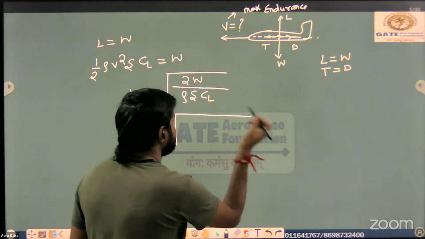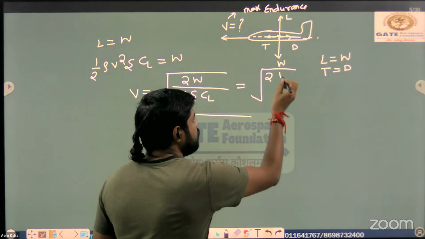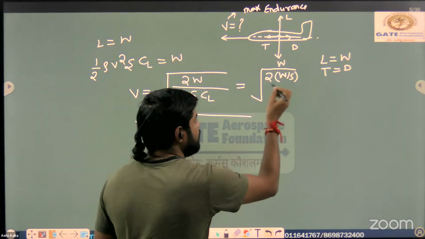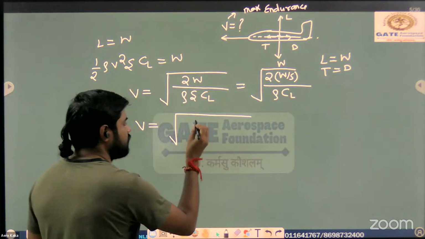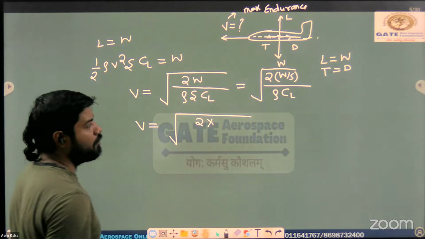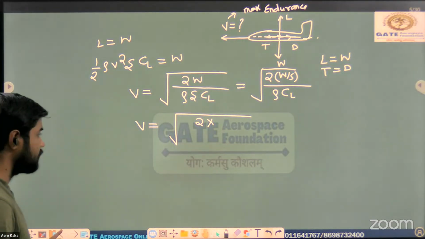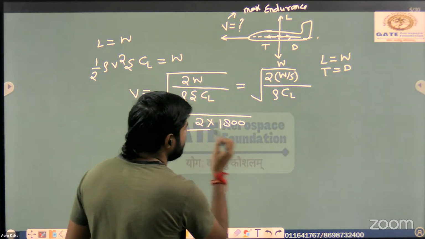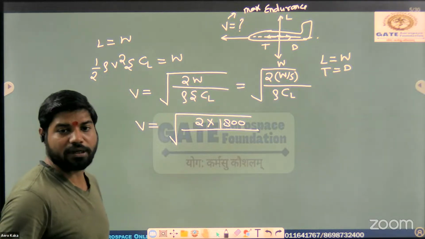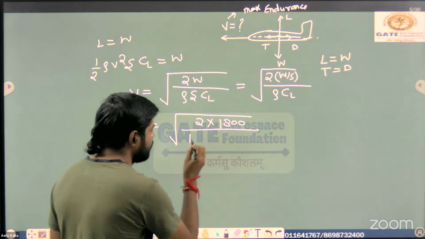In this question, the value of W by S is given, so you can write 2 into W by S, divided by rho into CL. Now, it's 2 into what is the value of W by S, or you can say wing loading, 1800 or 600? 1800, right? Divided by what is the density? They are considering 1.225.